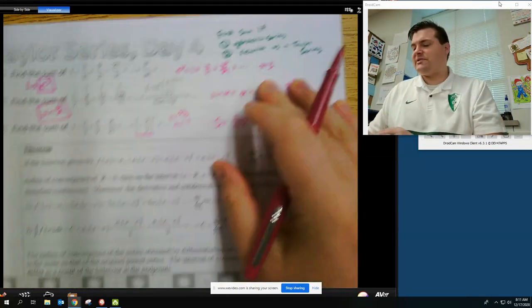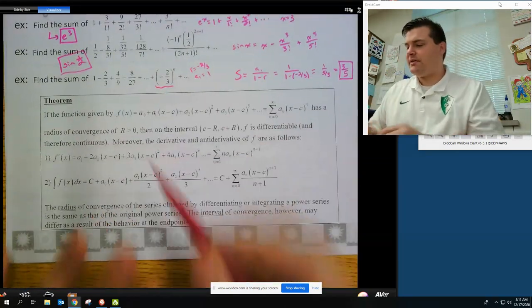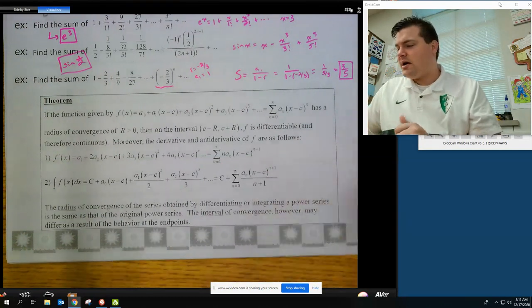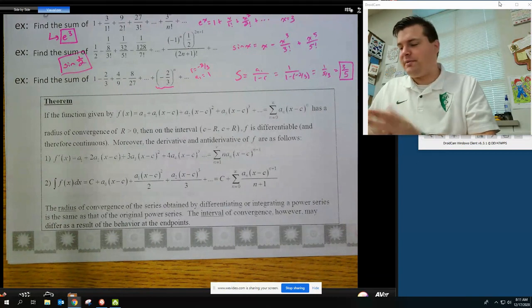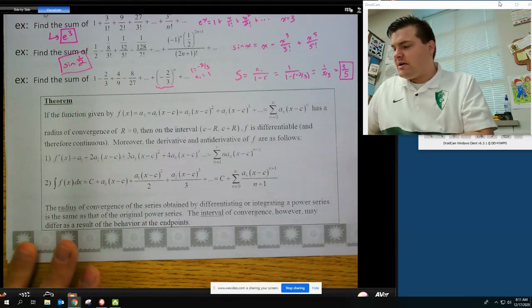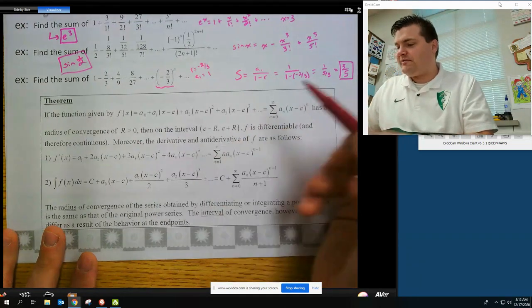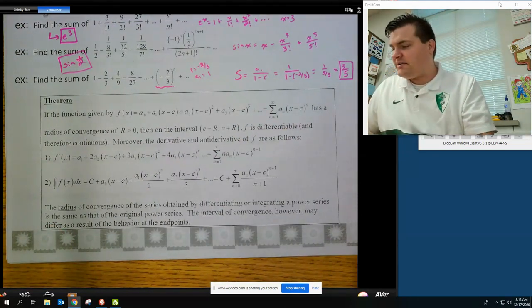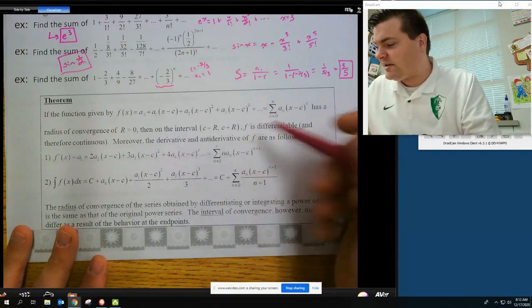All right, so those are different ways to find the sum. There's actually a couple more ways to find it down here with this theorem. What it's really trying to say here is if you're given this Taylor series, it has a radius of convergence r greater than 0, and it's got to be differentiable, and therefore it's continuous, and its derivative and antiderivative are as follows.